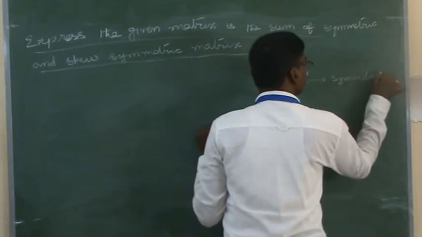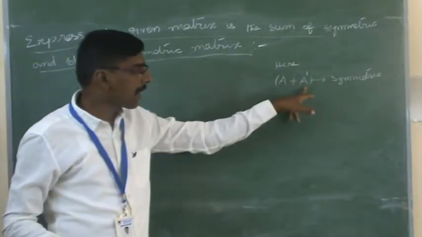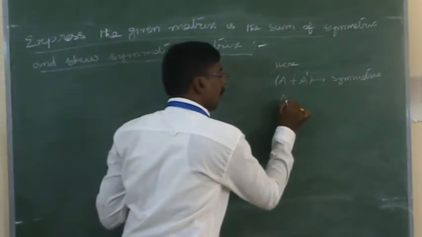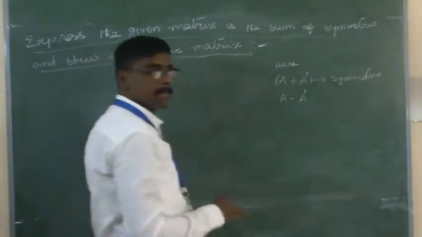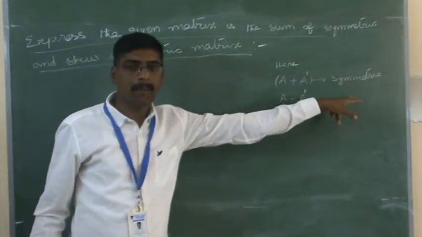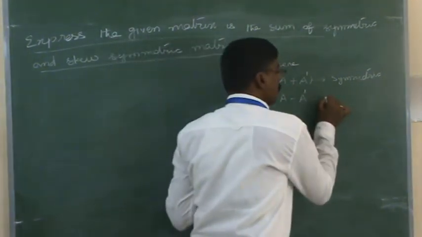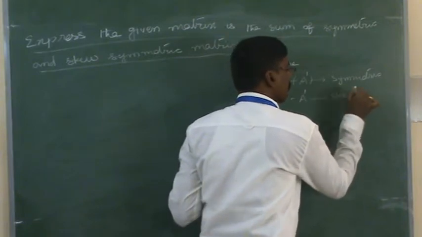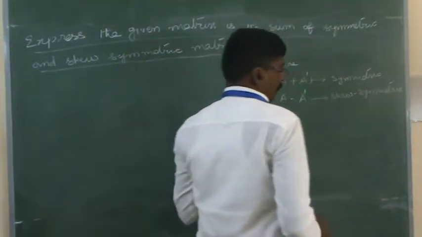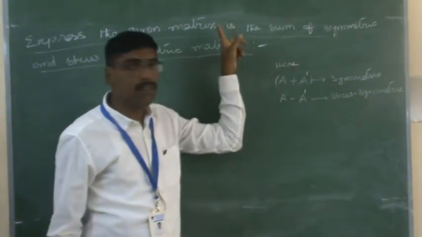Similarly, we know A minus A transpose is a skew symmetric matrix. This topic is very, very important for the discussion of this part.